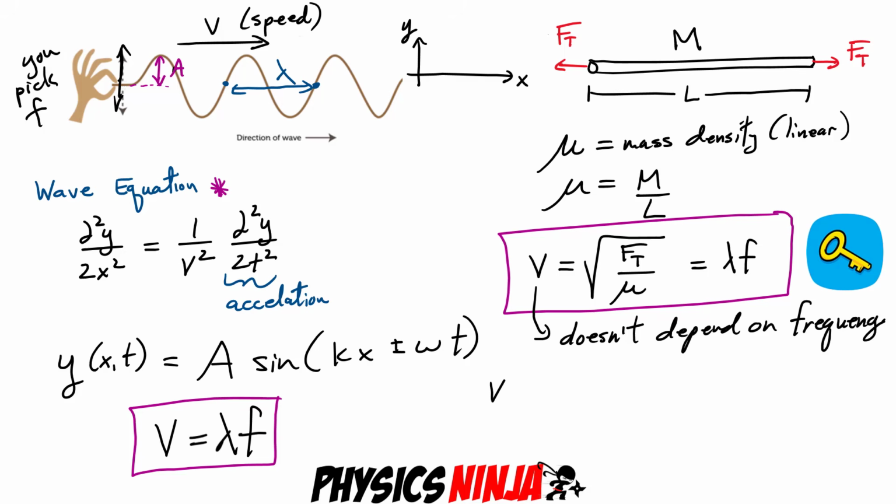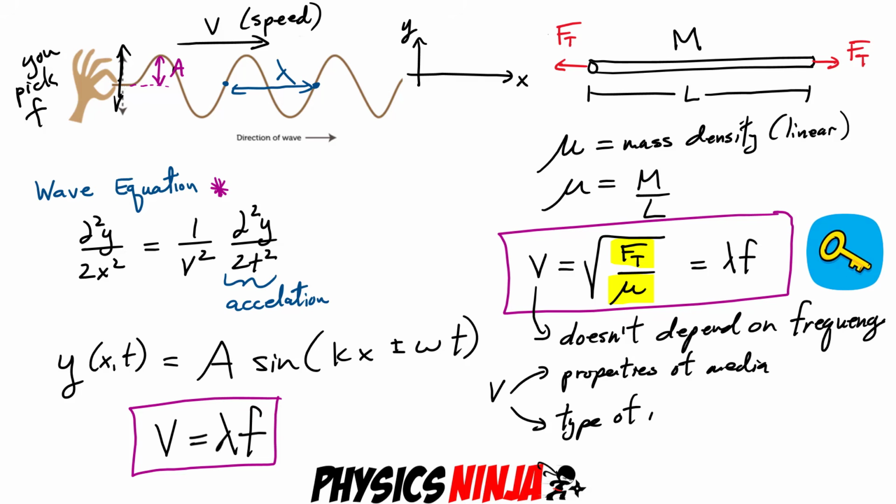The speed of the wave really depends on two things. First, properties of the medium, which in this case are properties of the string. Look at these properties. This is the tension force: how tight is the rope? And this is the mass density, which tells you how thick or thin the rope is. It also depends on the type of wave.